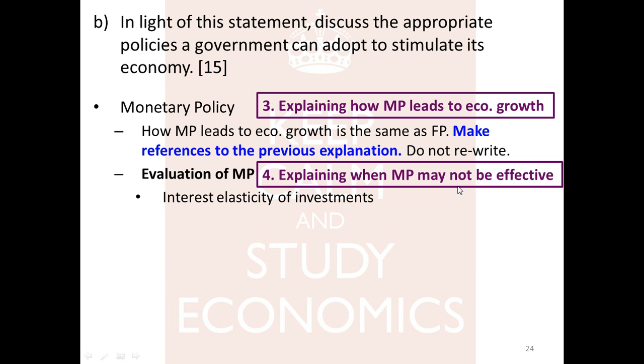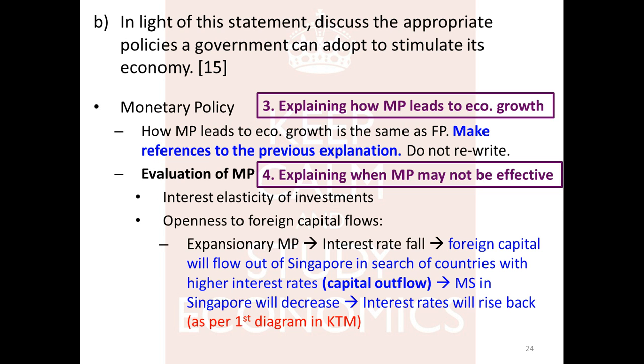And again, there are some of the more common ones that you have always used, like interest inelasticity of investments, openness to capital flows. What I want to spend a little bit more time on here is the openness of foreign capital flows. Now, if you look at the Keynesian transmission mechanism, the key thing of expansionary monetary policy is that interest rates must fall. Okay.